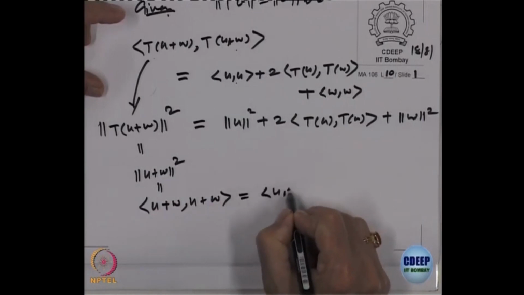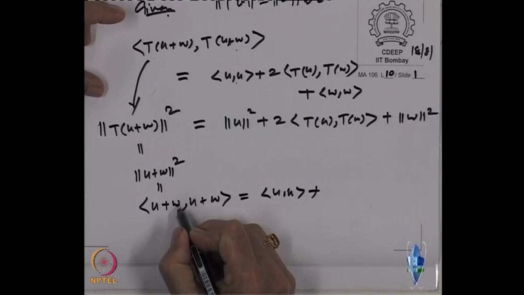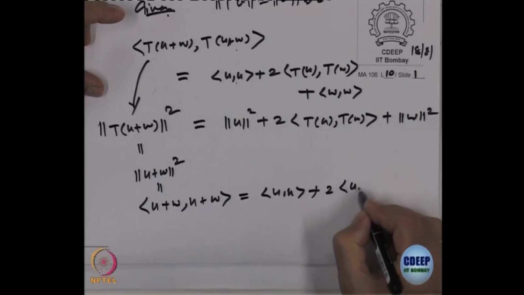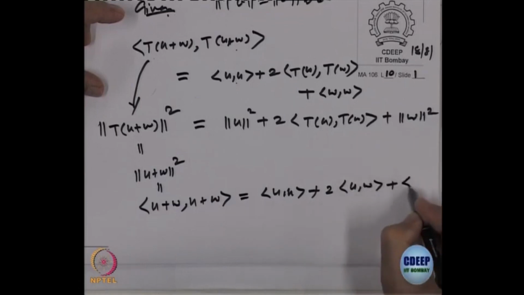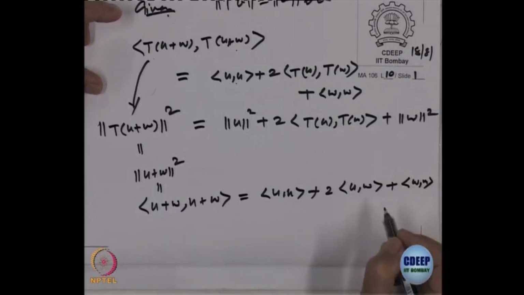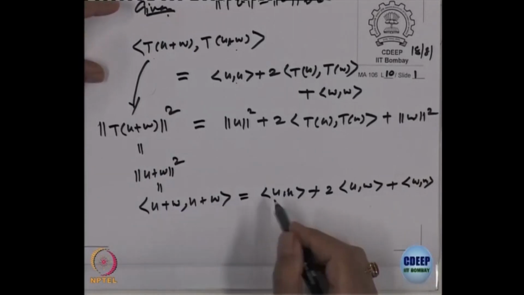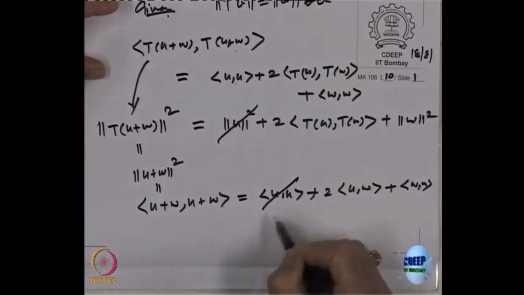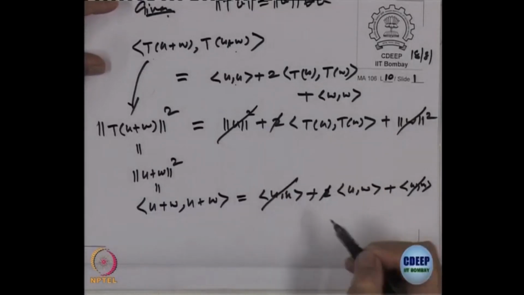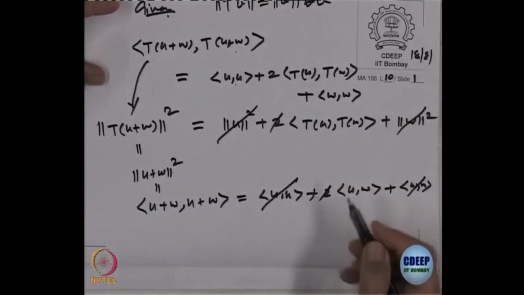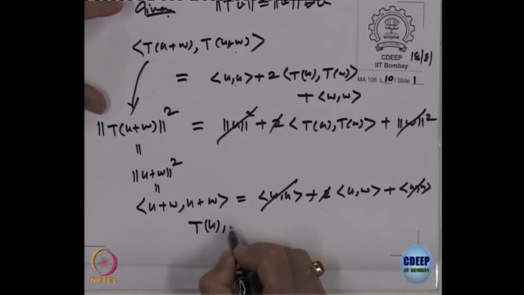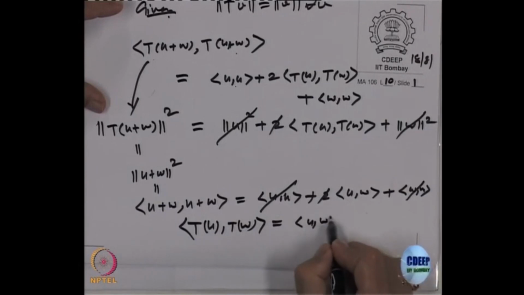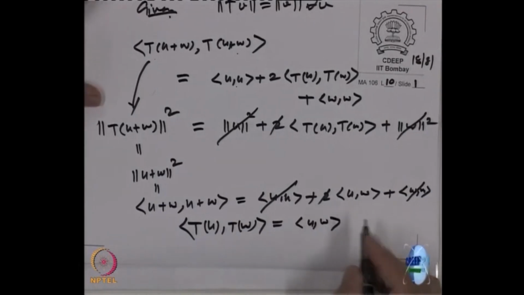That is u u plus, one will give you u w and the other, so it is 2 times u w plus w w, right, 4 terms. But now this is same as this. So, what happens? This cancels with this, this cancels with this, 2 cancels, right. So, what you get is Tu Tw is equal to u w, right. So, that is what we wanted to prove.